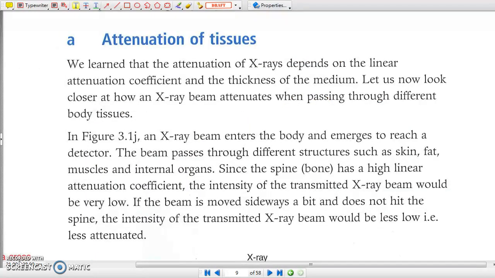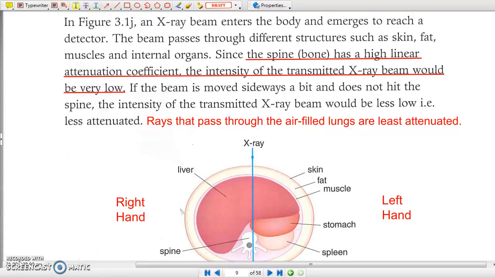A. Attenuation of tissues. When X-rays pass through different body tissues, the transmitted intensities change with the density of tissue and the thickness of tissue. When a uniform beam of X-rays passes through a body, the rays that try to pass through the bones are highly attenuated, and so the transmitted X-ray becomes very weak.